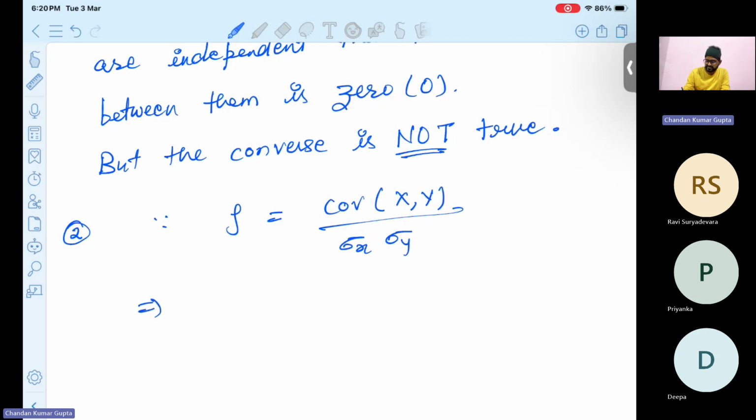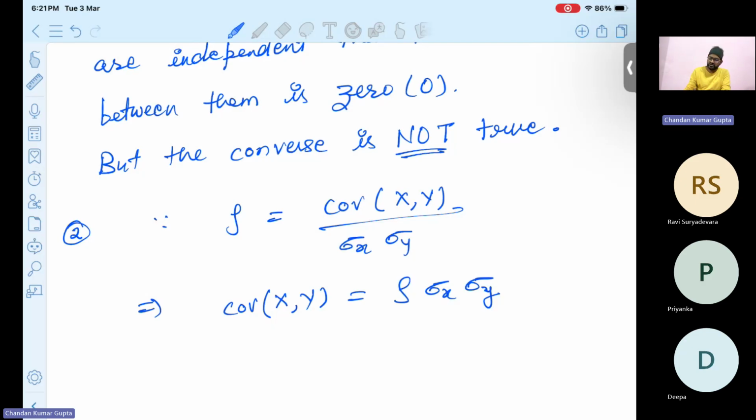Obviously, this means the covariance between the random variables x, y is rho times sigma x, sigma y. This is also one of the formulas that you may use when we are given such information in the numericals.